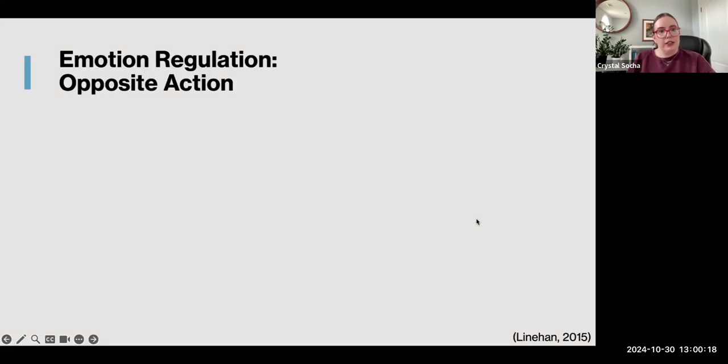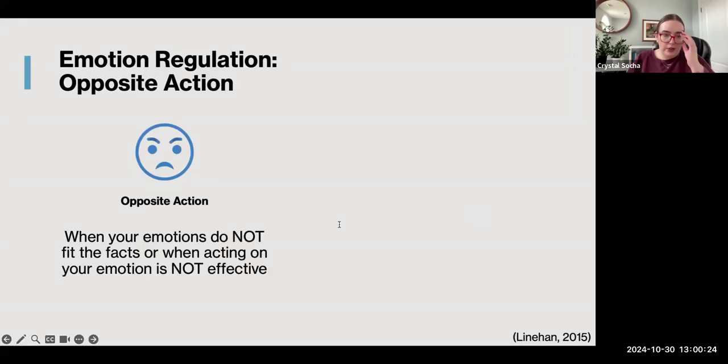So if my emotions don't fit the facts, what we're going to help someone do is act opposite. So opposite action tells us when your emotions do not fit the facts or when acting on your emotions is not effective, we want to learn and teach someone how to act opposite.